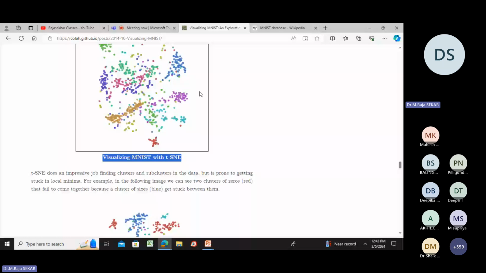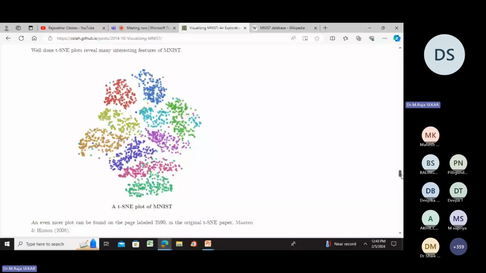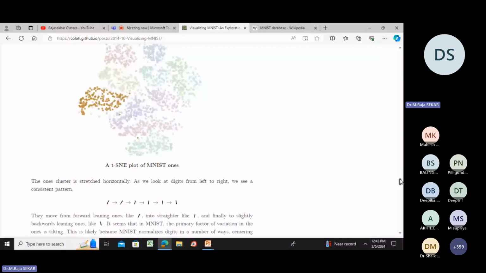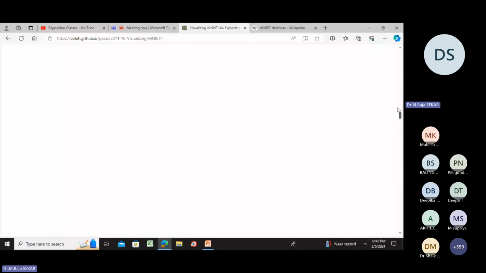But my request is just observe the output of visualizing MNIST with t-SNE. Just see, this is the t-SNE plot. Clean separation. All points are cleanly separated. But it is not the case with PCA.